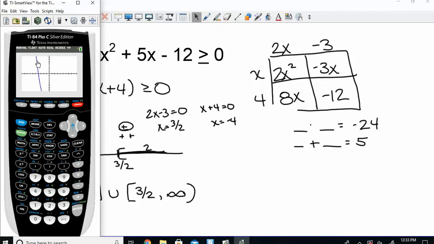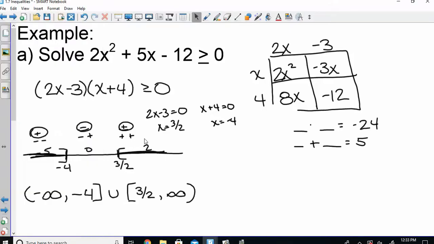So I can see first it's above, so that's positive, then it's below, which is negative, and then it's above, which is positive. So we still get positive, negative, positive. Does everybody understand how to get those signs? Doesn't matter which way you do it. Can everybody get them somehow?